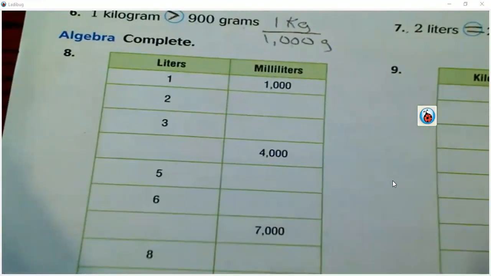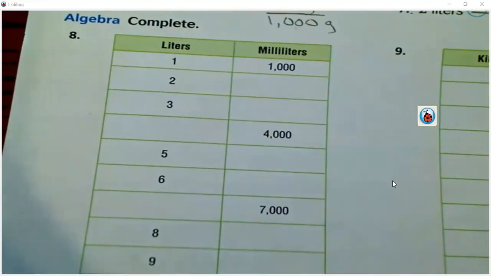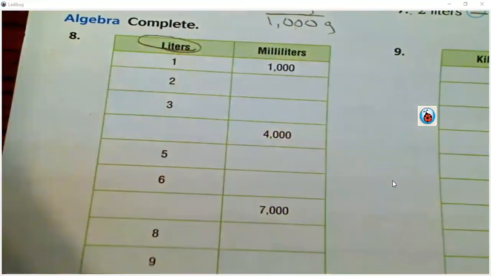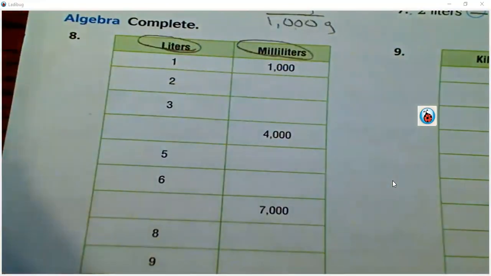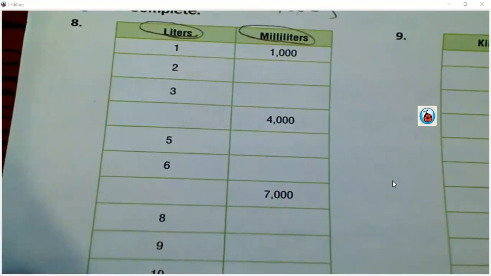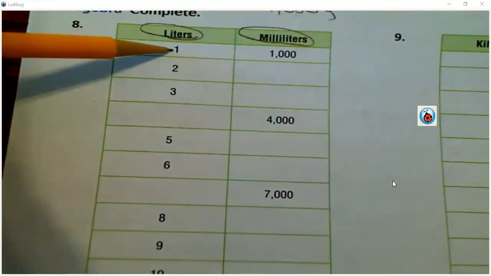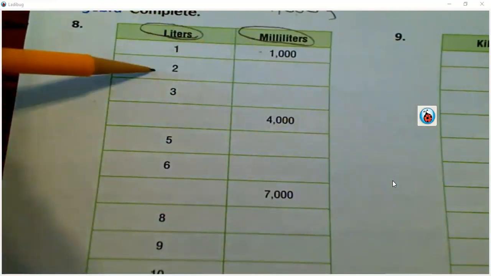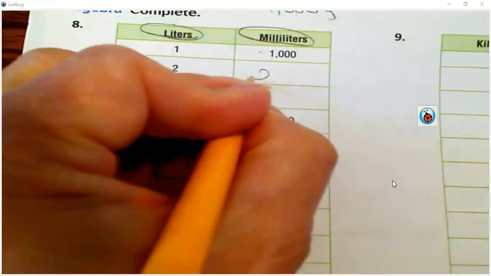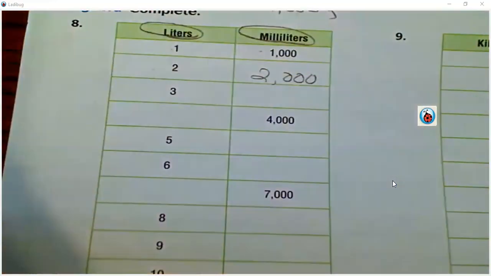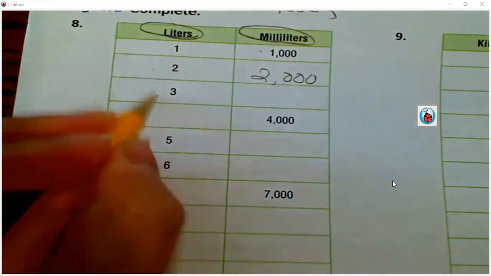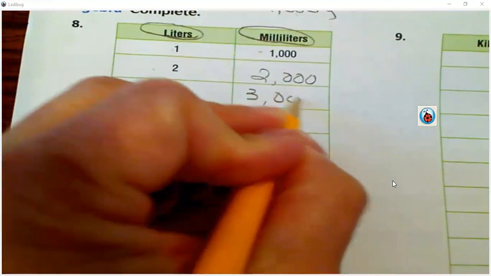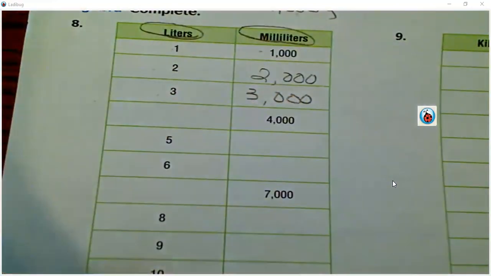Now, if I fill in my chart, and again, this would be a little bit of algebra, I want to zero in on what my units are, liters and milliliters. Maybe you can write this down on your paper. In 1 liter, 1,000 milliliters. In 2 liters, 2,000 milliliters. In 3 liters, 3,000 milliliters.